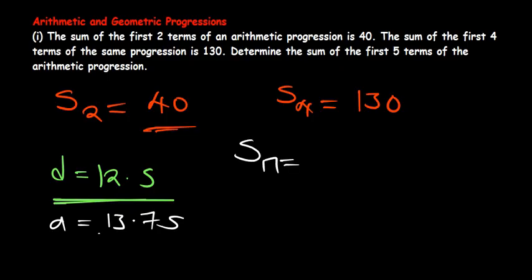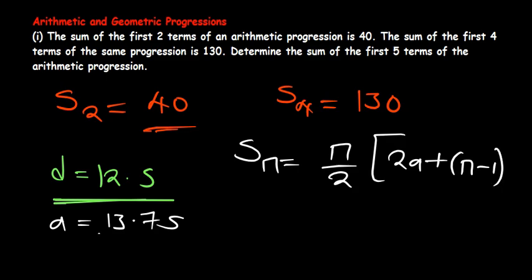that I gave you. I said n over 2, 2a plus n minus 1 multiplied by d. So the sum of the first 5 terms. So n is 5.